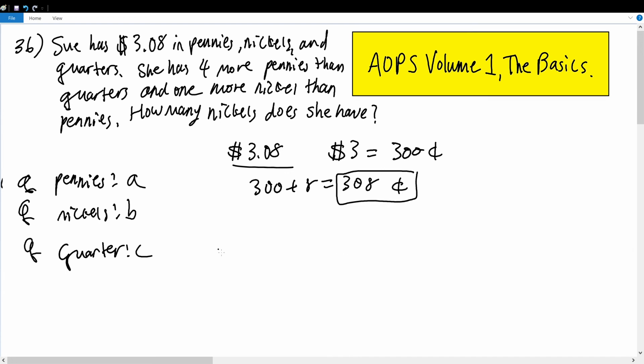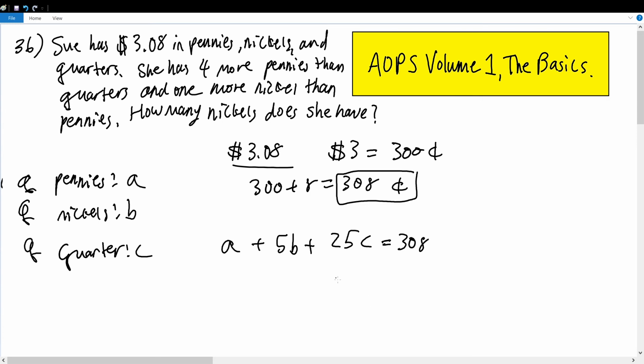With that, we can begin to utilize the information we're given. A penny is worth 1 cent, so 1 times A, plus a nickel, which is worth 5 cents, 5B, plus a quarter, which is worth 25 cents, 25C, must equal 308.